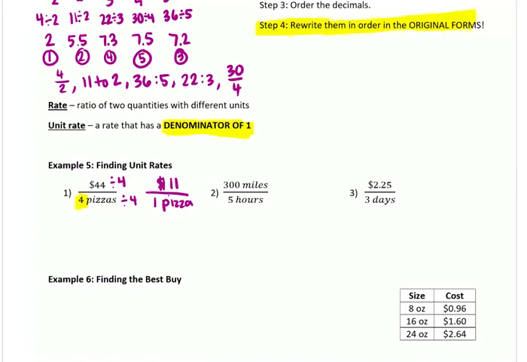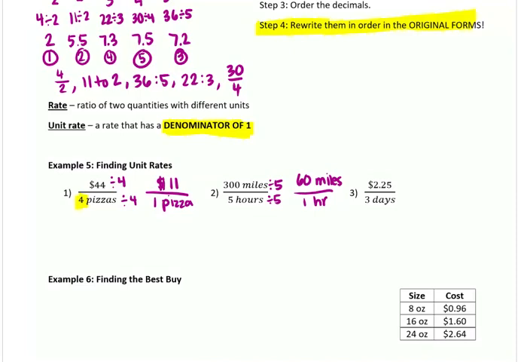For the next one, to make the denominator become 1, I have to take that 5 and divide it by 5. So that would be 1 hour on the bottom. I have to do the same thing to the top. And 300 divided by 5 is 60 miles. Notice how I'm still including the units in my answer. If I just have numbers, I'm going to mark things wrong.